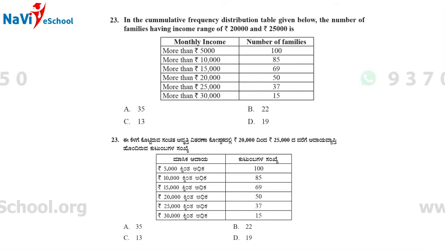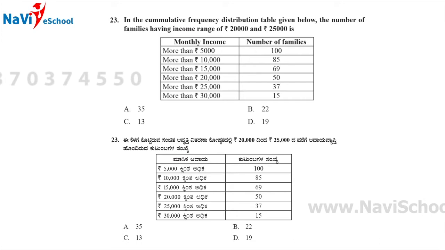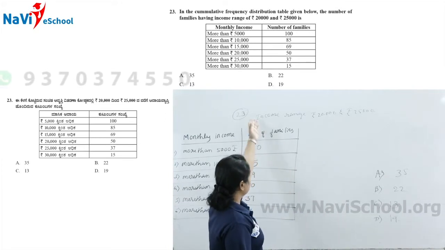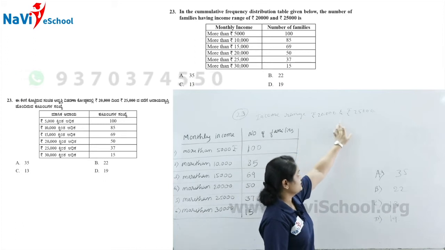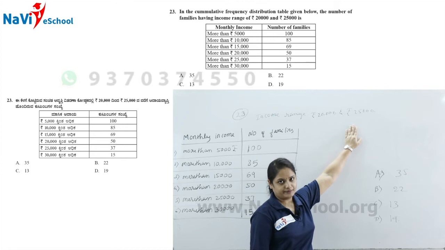And more than 30,000 rupees income, there are 15 families. So, options are here: option A 35, option B 22, option C 13, option D 19. Here children, you have to find out how many families are in the income range of rupees 20,000 to rupees 25,000.